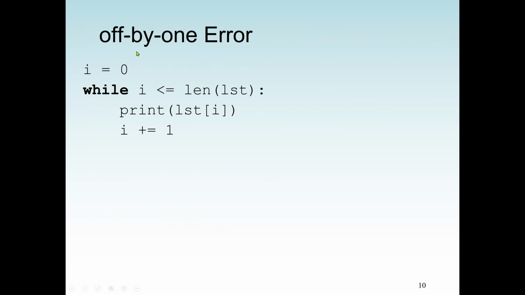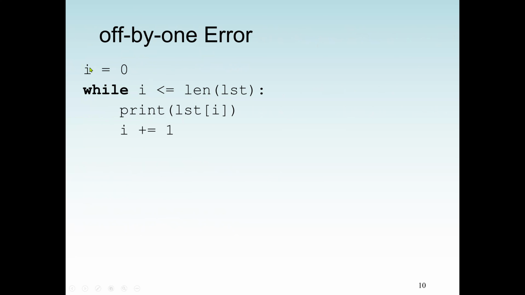So sometimes we should know about the off by 1 error. As we said earlier, with the list, the position is from 0 to 9, meaning up to 10 items. So if I write 0 to 10, that means I have 11 items. So that is the concept of off by 1.